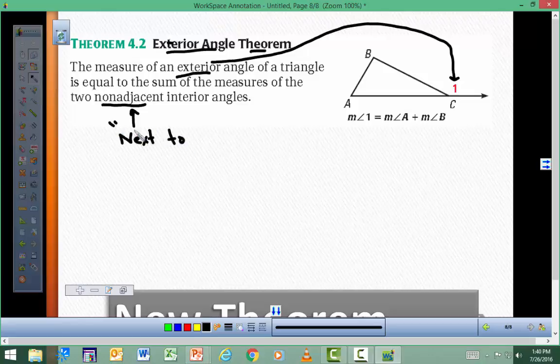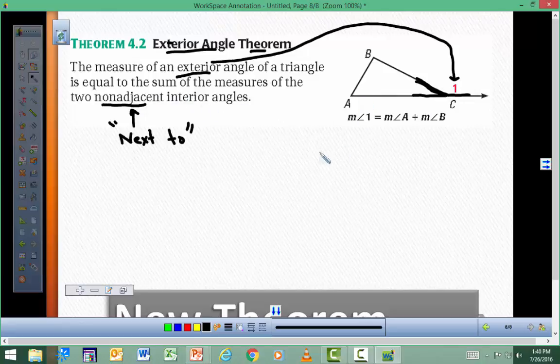In other words, it's a neighboring angle. Well, the angle that's adjacent to this one is this angle over here. These two angles would be adjacent. So as far as this exterior angle is concerned, these two angles over here are not adjacent with this one. So that's what they mean, the two non-adjacent ones.